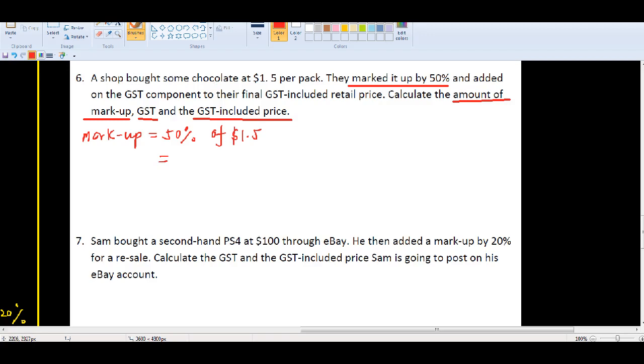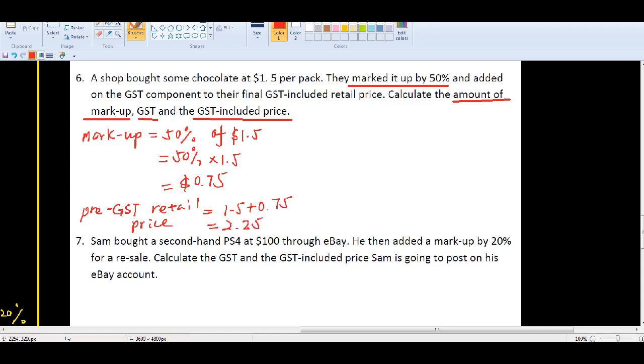So you use 50% times $1.5. That will give you 75 cents. And then you need to find the pre-GST retail price, which will be $1.5 plus 75 cents, which is $2.25.